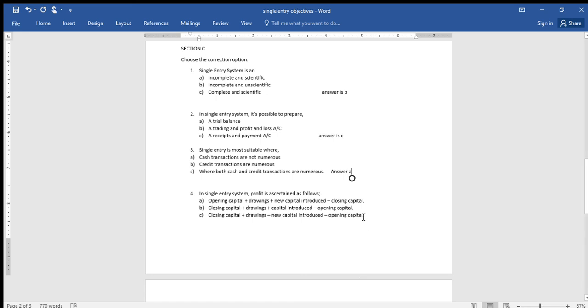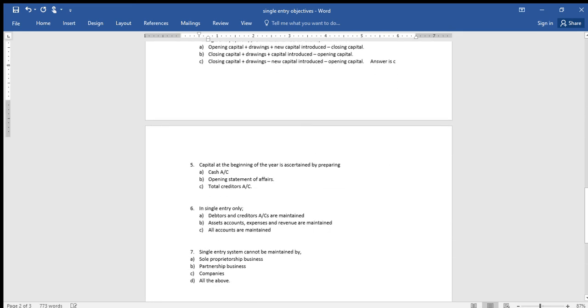This is the formula for ascertaining profits in single entry system. So the answer is C.